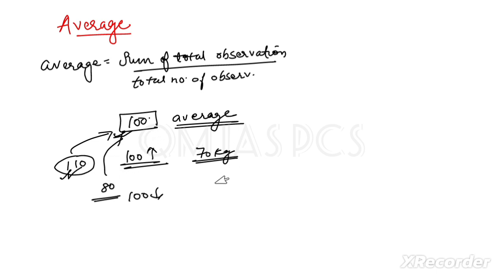Right now we are adding. If we are removing, then what will happen? The average is 100, and if we remove a value that is less than this, let's say we remove the observation 80, then obviously the average will increase.